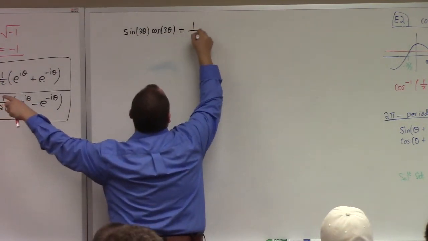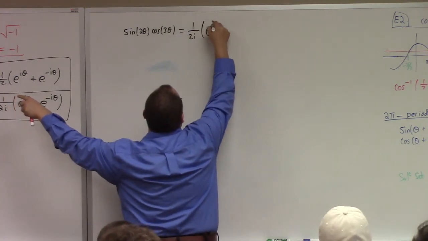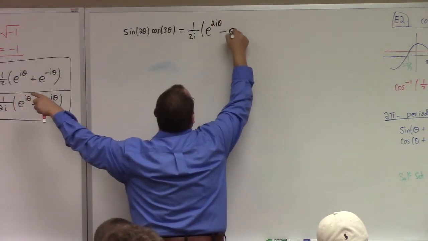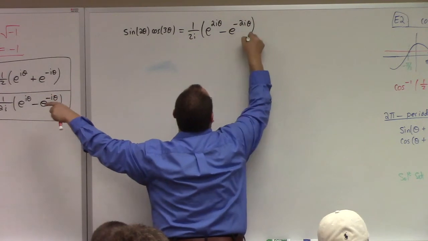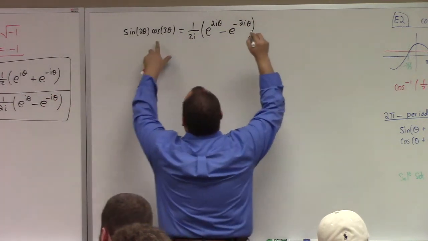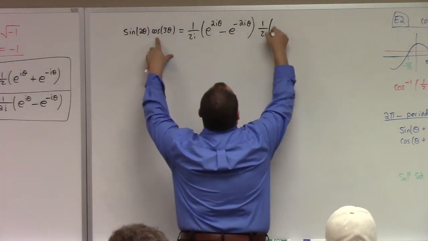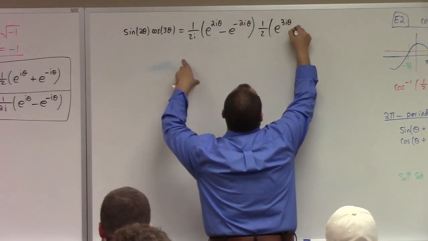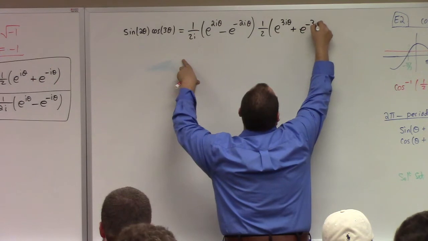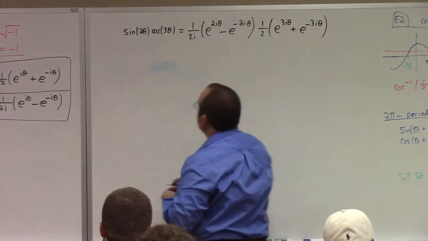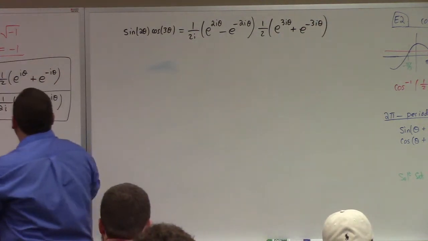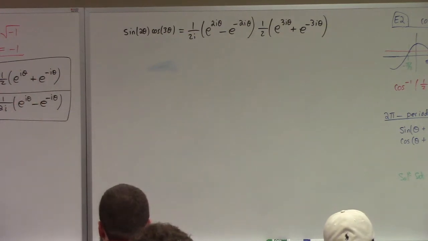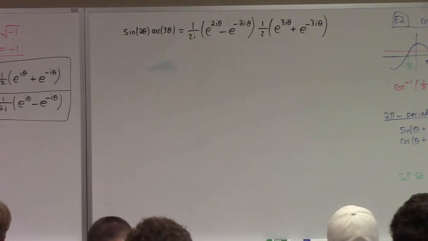So this is 1 over 2i times e to the 2i theta minus e to the minus 2i theta. And then cosine of 3 theta, what's that? That's 1/2 times e to the 3i theta plus e to the minus 3i theta, like that. All I did was take my fundamental sine and cosine formulas and replace theta with 2 theta or 3 theta.